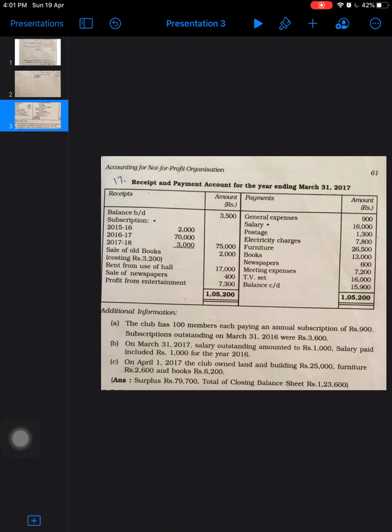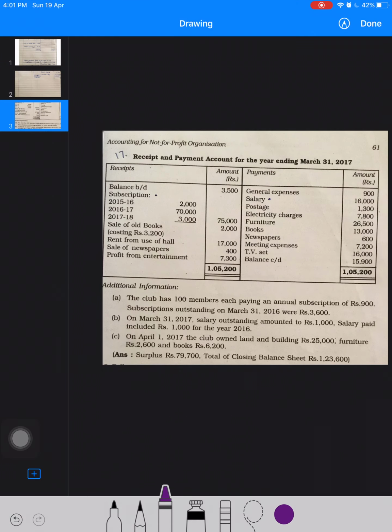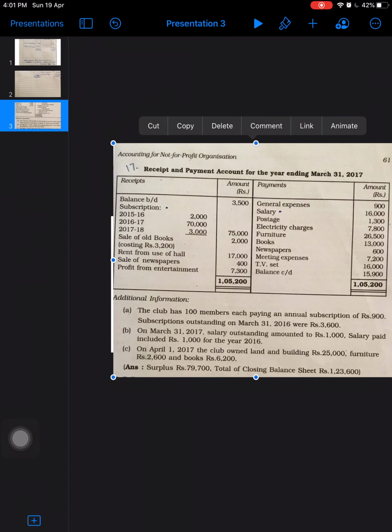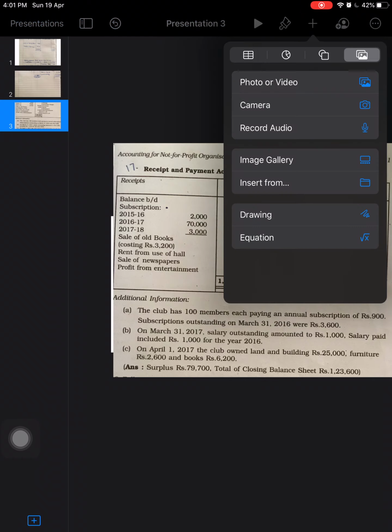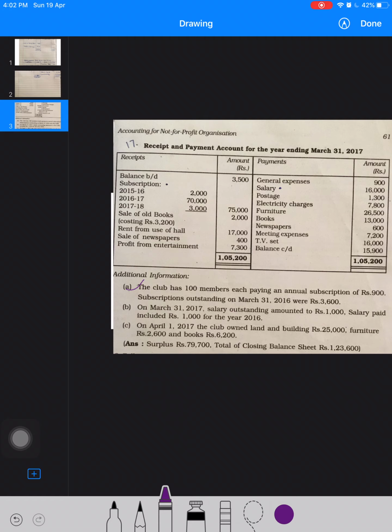The only difference is that if you read here, first additional information A, if you read A here, you can see the club has 100 members, each paying an annual subscription of 900.